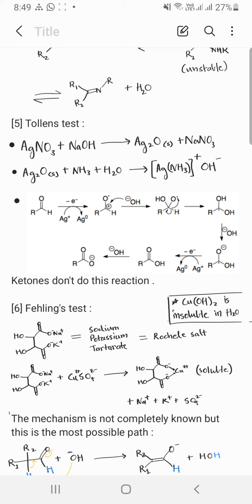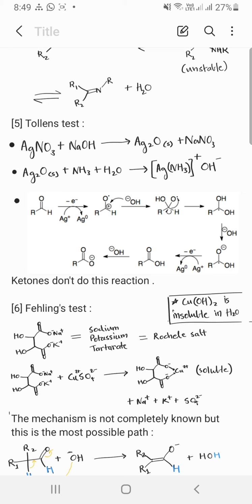So the main thing is that you just have Ag plus over there, and AgOH doesn't really exist. So instead you have to use solid Ag2O and add it to NH3 to give you this thing. And creating Ag2O is another problematic thing, so for that you use AgNO3 plus NaOH.